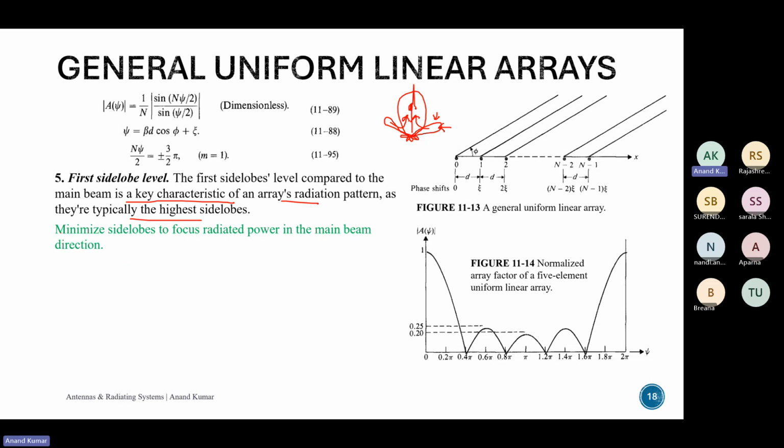What is written in green over here: we have to minimize side lobes to focus radiated power in the main beam direction. Since the first side lobe is usually the second highest after the main lobe, we can focus on reducing the power in the first side lobe level.